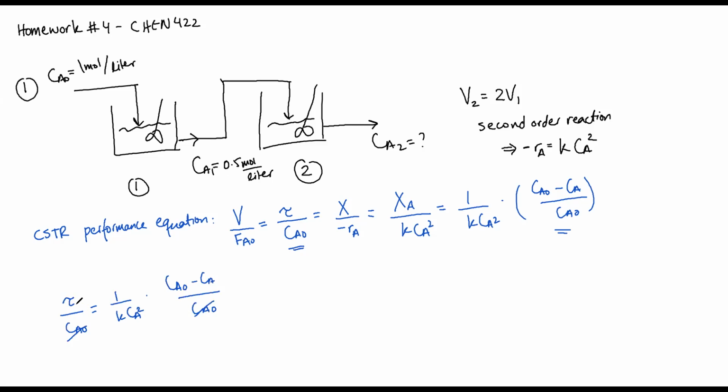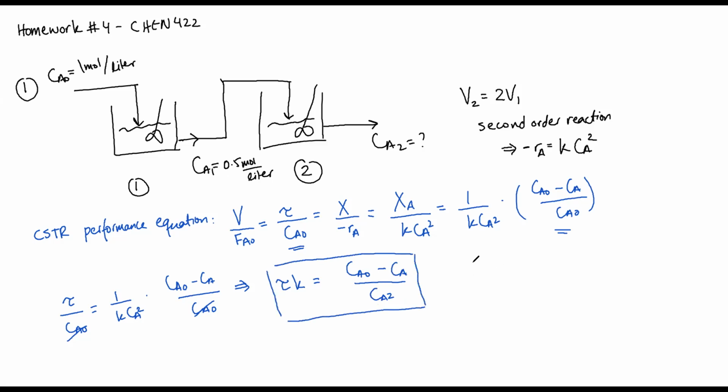I'm going to move K to multiply tau to get the dimensionless parameter, which we can use to compare volumes, right? So I'm going to say tau K is equal to CA0 minus CA over CA squared, okay? And this will be the equation I use to solve this problem.